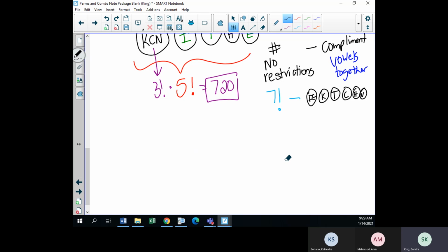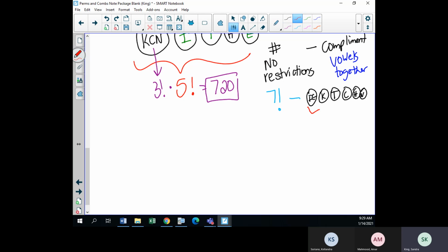If I said how many different arrangements are there in the word kitchen if the vowels go together, would you be able to figure this out? How many different discs do you have? And then what would I do for IE? It could be IE or it could be EI, right?